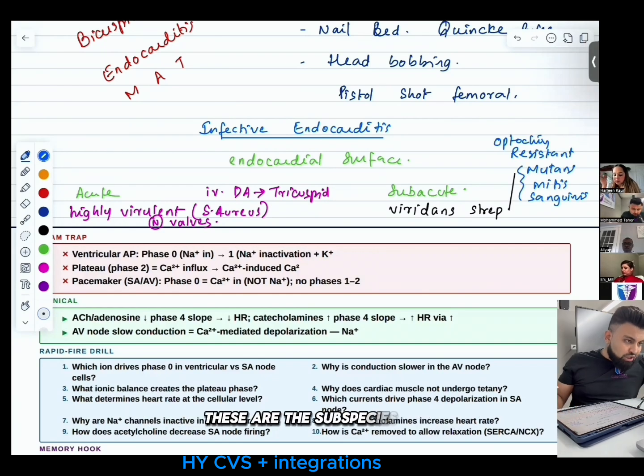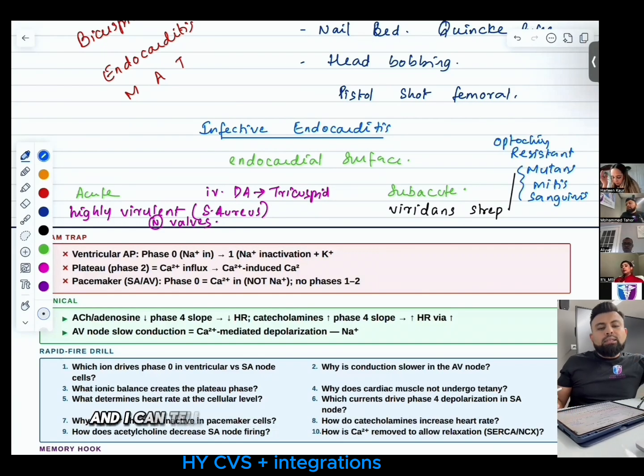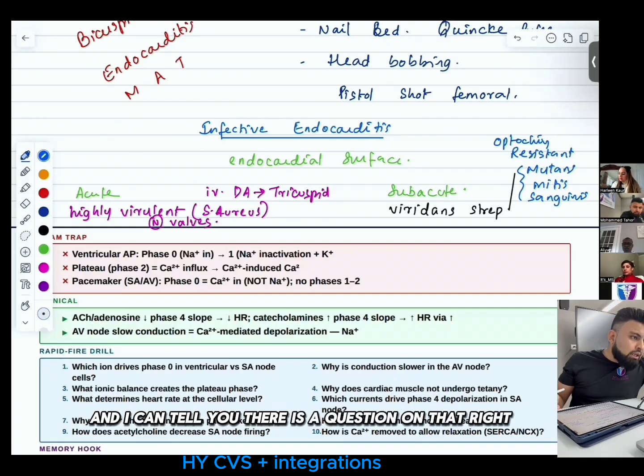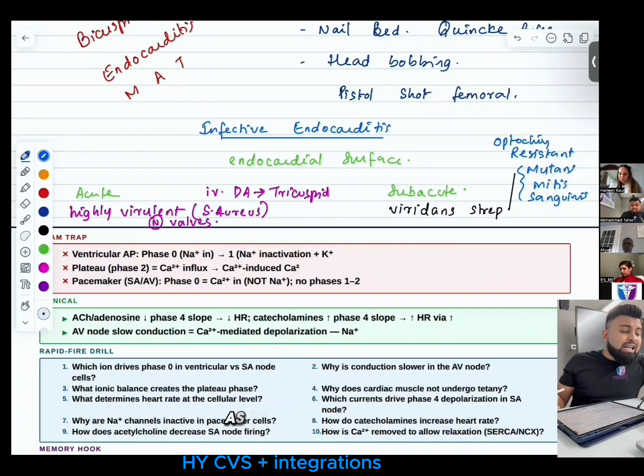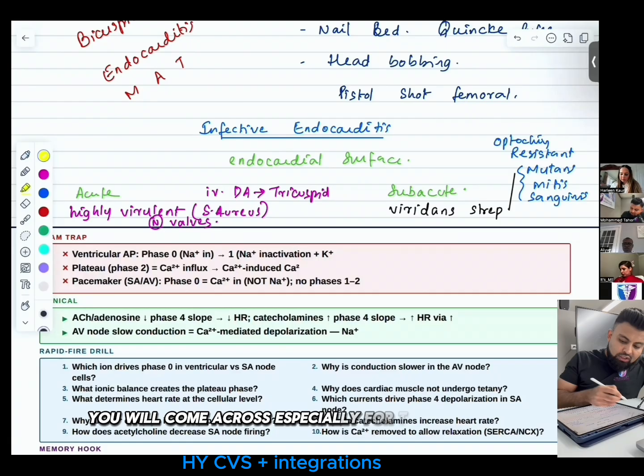These are the subspecies that they can give you as an example, and I can tell you there is a question on that. You will come across it in your UWorld also, as well as in NBME, especially for Strep mitis.